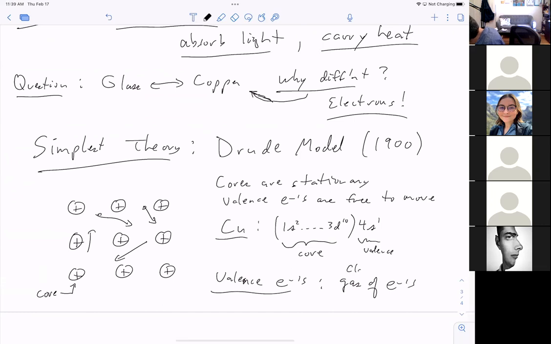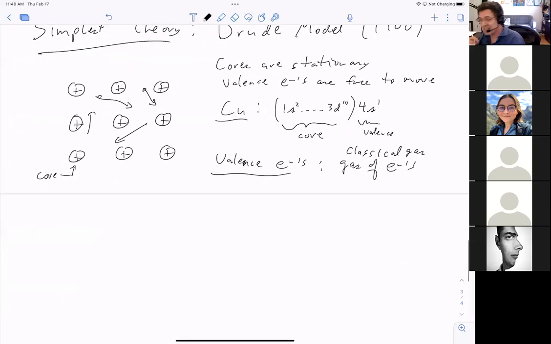And I should say a classical gas, because that's all they knew back then was classical physics. So they said, oh, there's just a classical gas of electrons, just like in chemistry. And those electrons scatter off the cores. The gas goes boing, and they bounce off the cores. Boom, there's a core, and then they go boink and they bounce off.